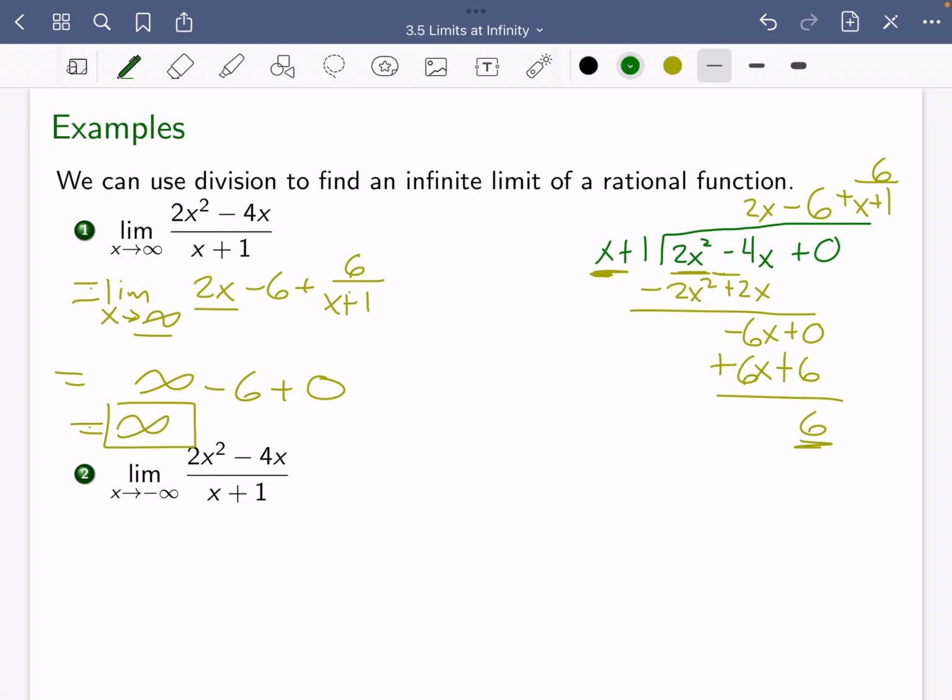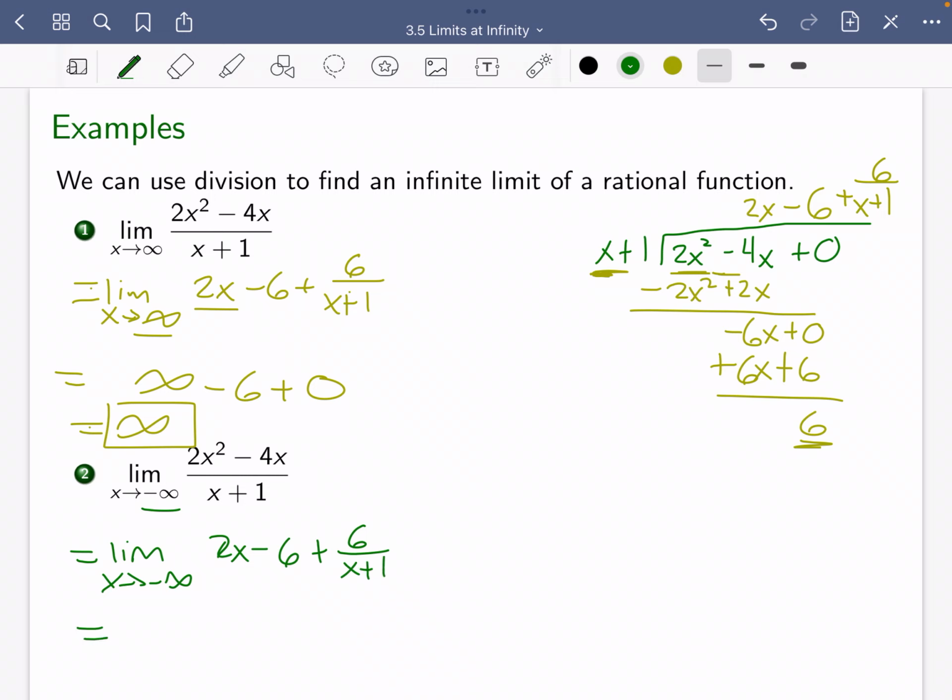If we look at the limit as x goes towards negative infinity, this is the same function, so again we have 2x minus 6 plus 6 over x plus 1.